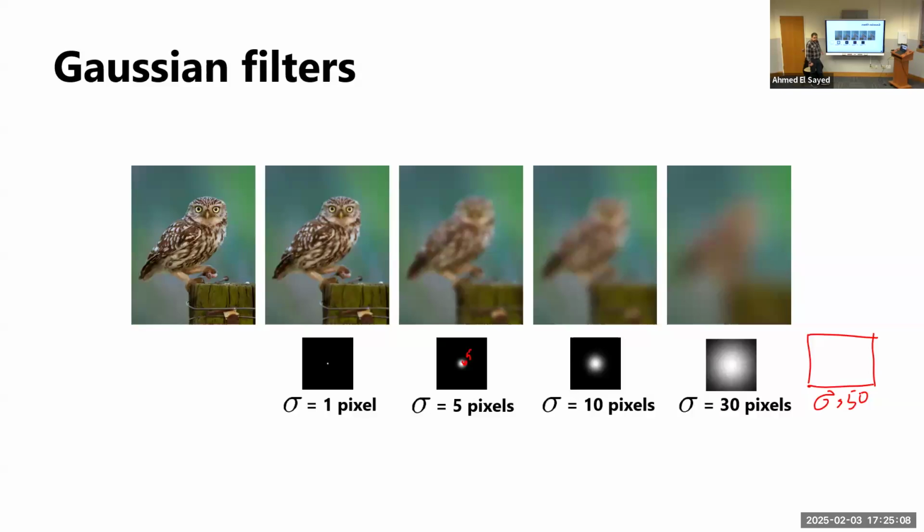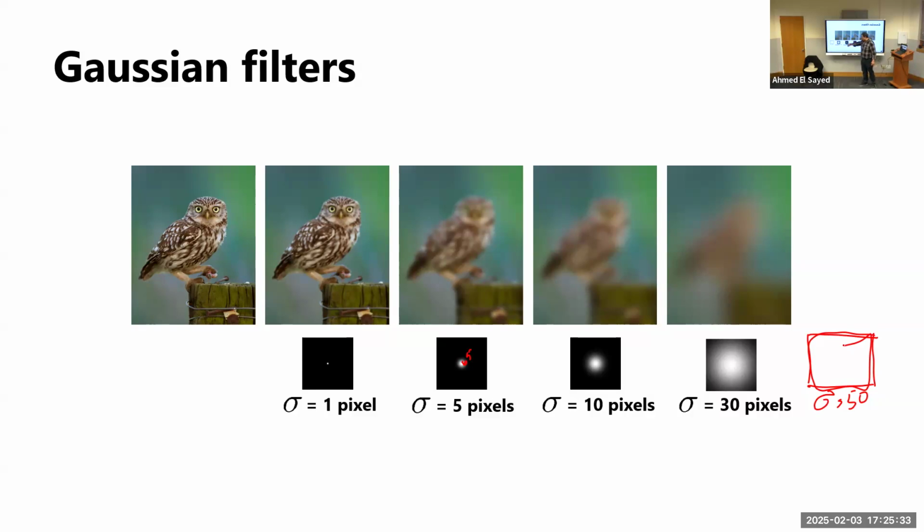No. Why? At some point, you're going to get back to the boxy filter. Exactly. If we keep increasing the sigma value, this area will all be almost 1, so you will get a full white. So it will look like the boxy filter.